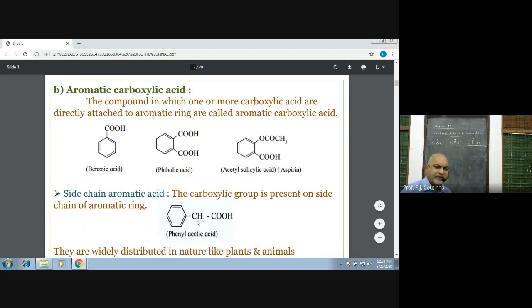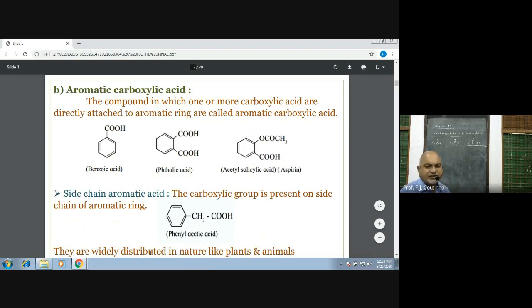But the valence of carbon has to be 4. And that's why, in order to make the valence 4, it has to be CH3. But here one of the hydrogens of this CH3 is being substituted by a phenyl ring. And that's why it is known as phenyl acetic acid.